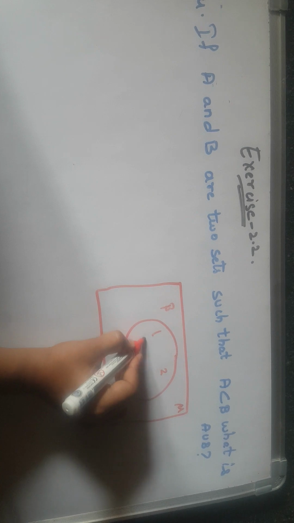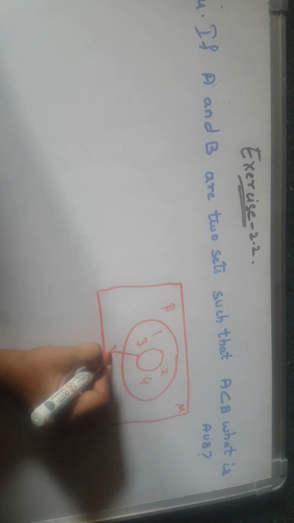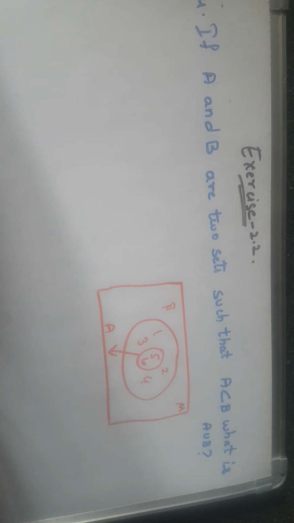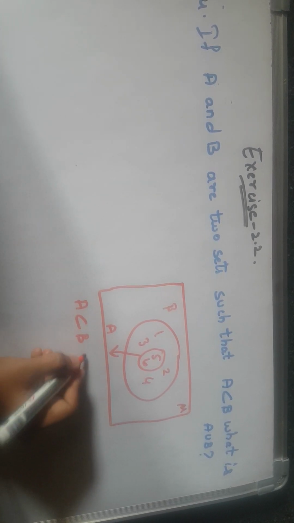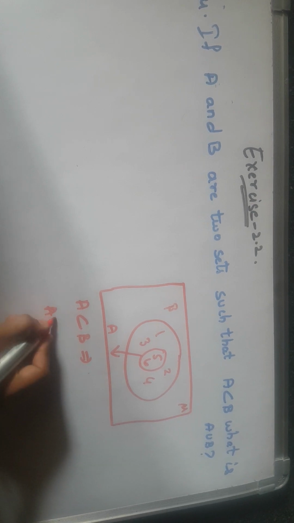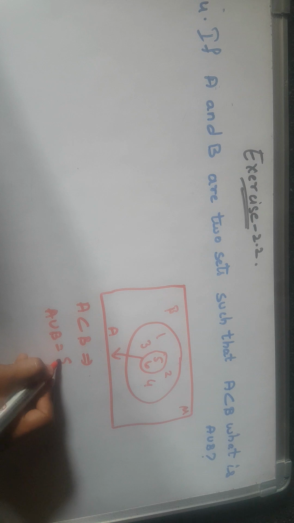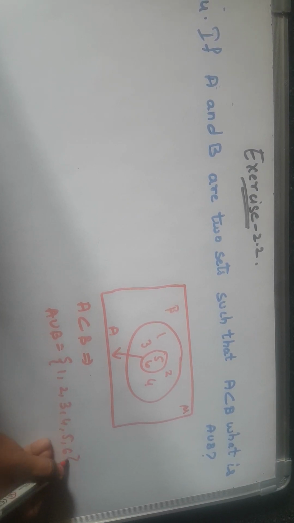Take 1, 2, 3, 4 elements. And A, this is A, 5, 6 elements. Then here we are taking A as a subset of B. What is the value of A union B? A union B means you have to take all the elements 1, 2, 3, 4, 5 and 6.